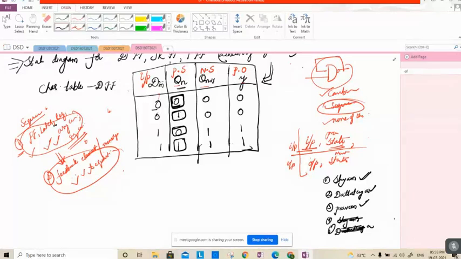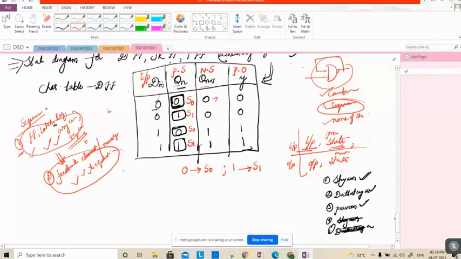Right. Okay. Or to be more clear, let us name this as S0. Let us name this as S1. Let us name this as S0. Let us name this as S1. 0 is represented with S0. 1 is represented with S1. Now what is this?